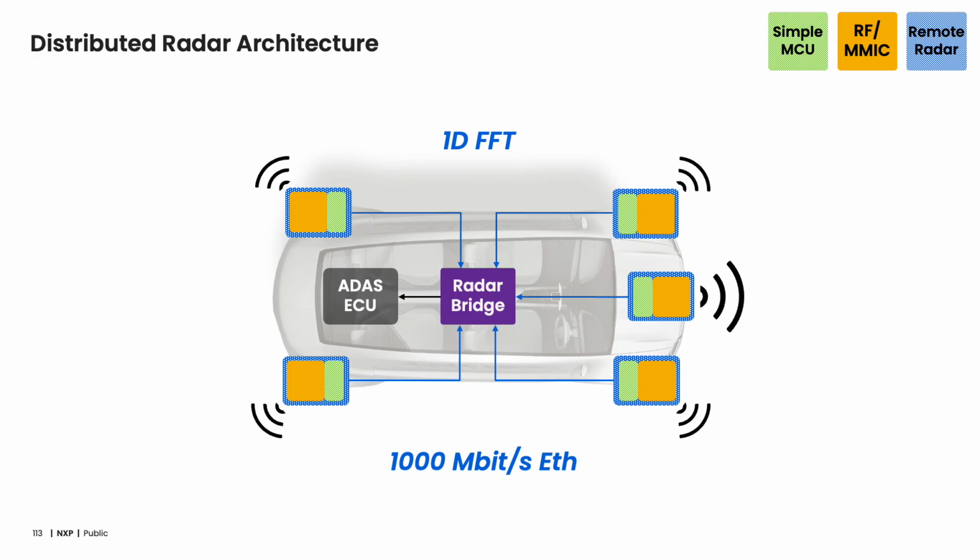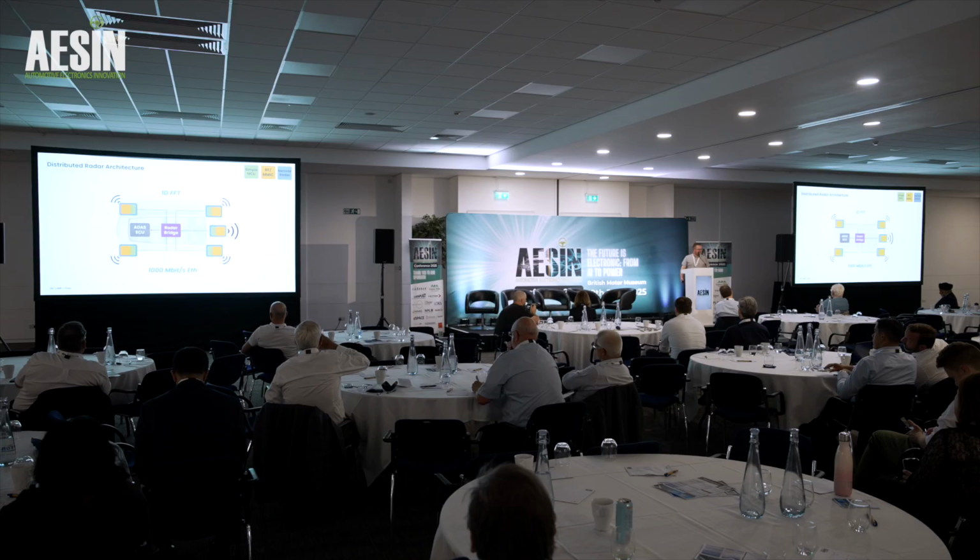Distributed radar architecture is simplifying the sensors at the edge of the vehicle. We're still going to have very high performance and sophisticated RF, of course. This is the sensor head component, but we can simplify the MCU here. I'll explain why that's possible.